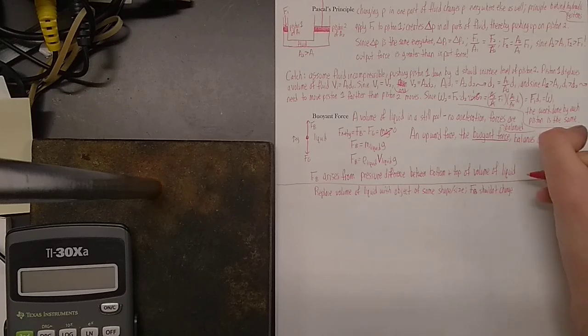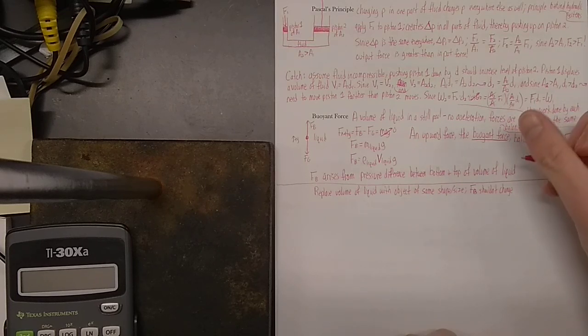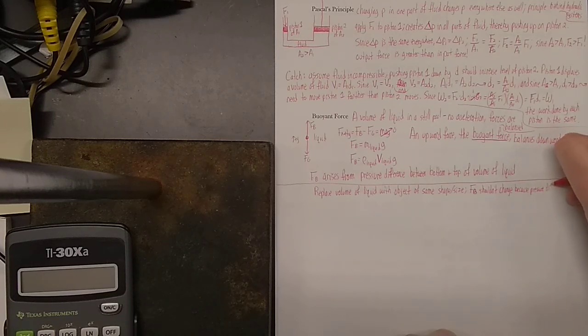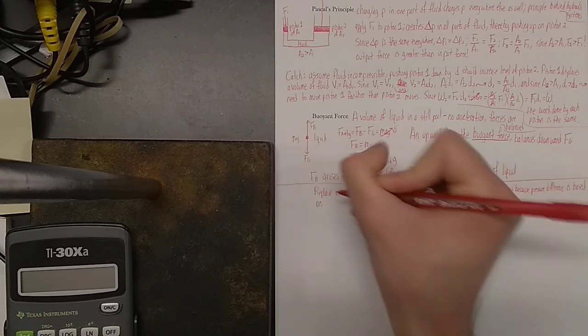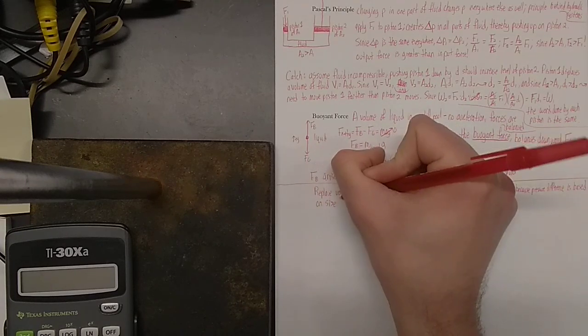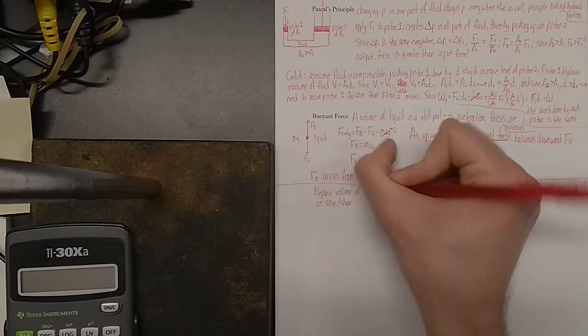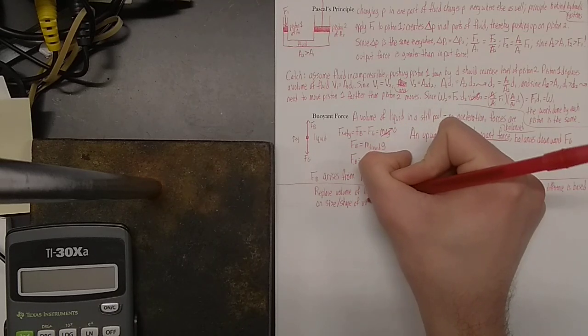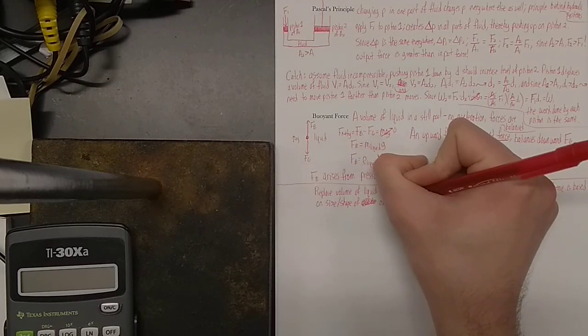Because the object's the exact same size, the pressure in the water at the bottom and top points should be exactly the same. So buoyant force shouldn't change, because the pressure difference is based on the size and the shape of the object.